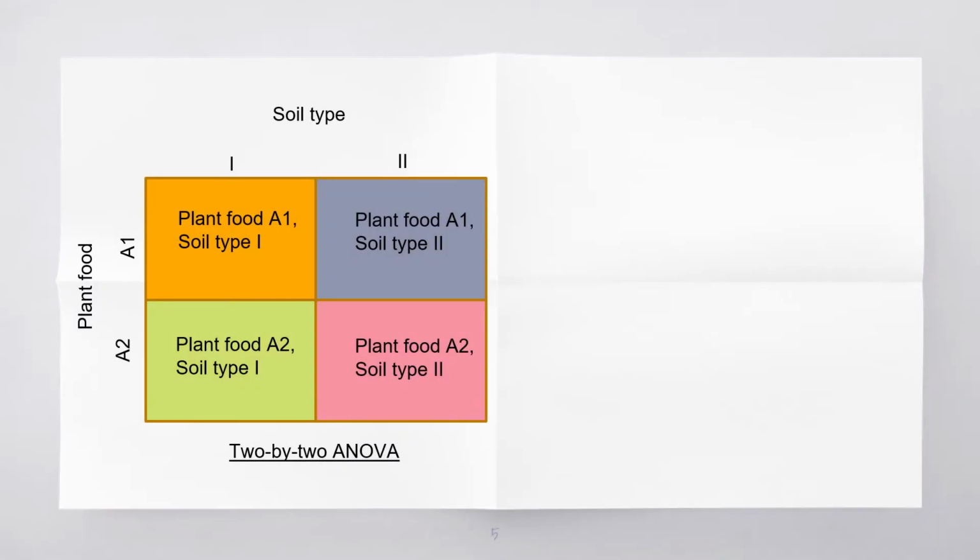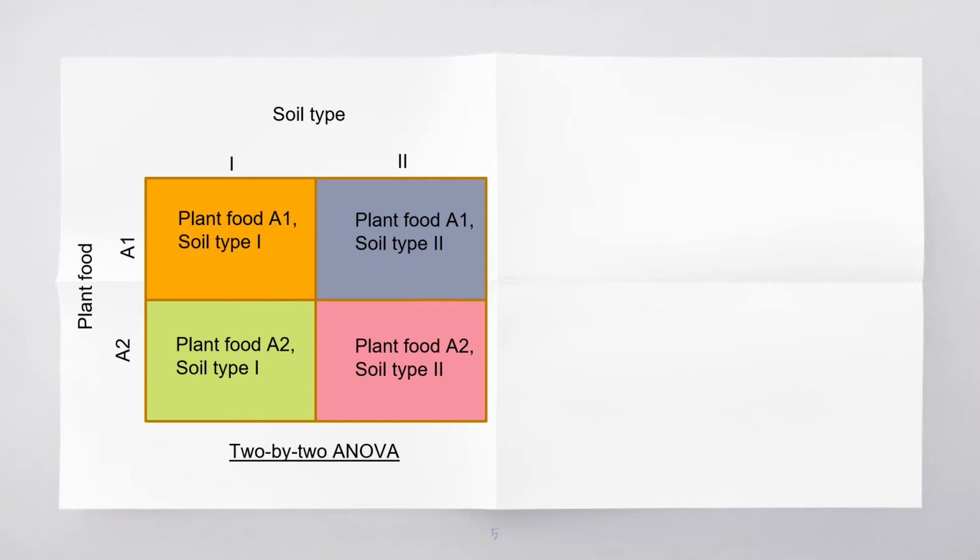To conduct this experiment, the researcher sets up four groups of plants. So why does the researcher need to set up four groups of plants? If you can remember, it was stated that there are two different types of plant food and two different types of soil type.